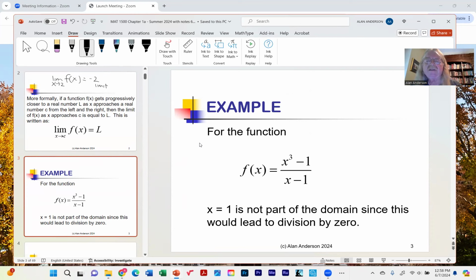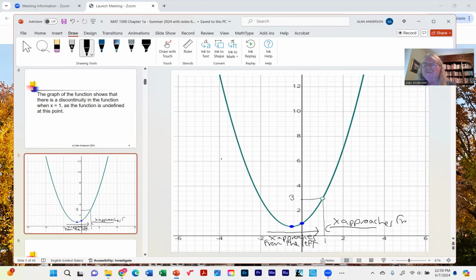So the question becomes, can we have a limit there? In other words, if x approaches from the left, and as x approaches from the right, in both cases, the function is getting very, very close to 3, although it never actually hits 3.